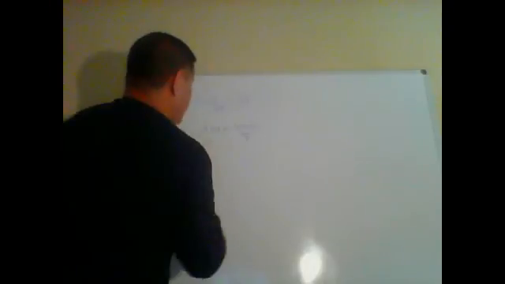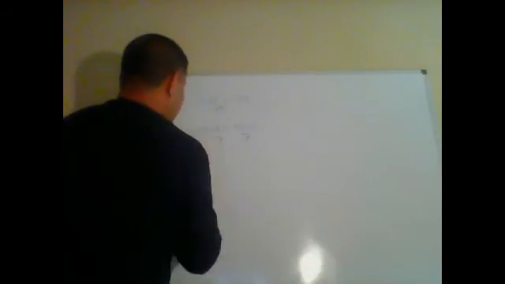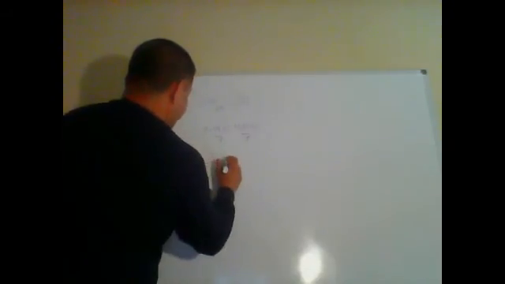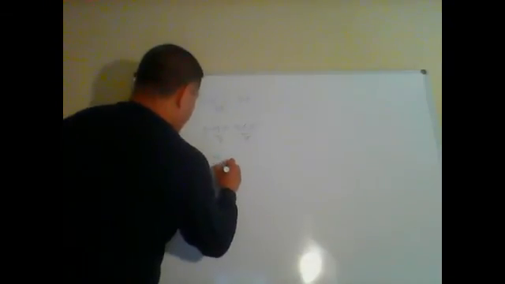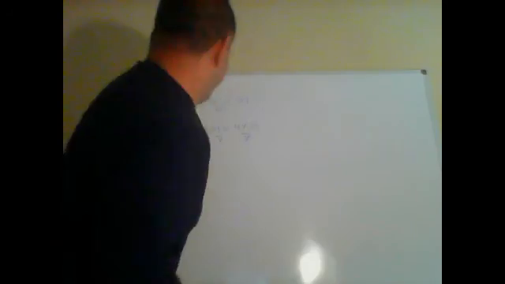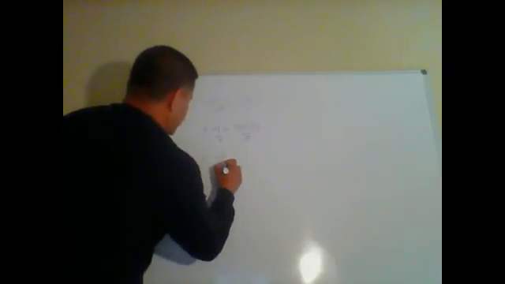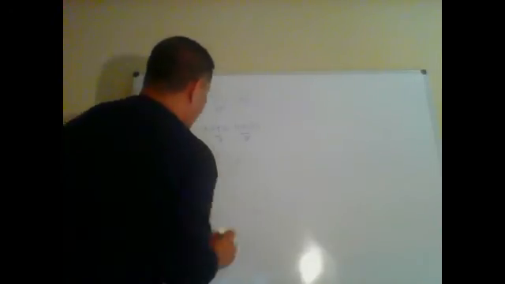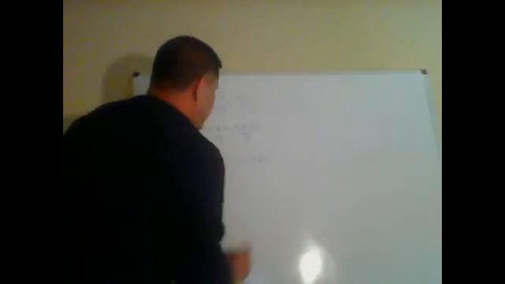Dividing both sides by y, this cancels, and I get x times dy over y equal 4 dx on the other side.